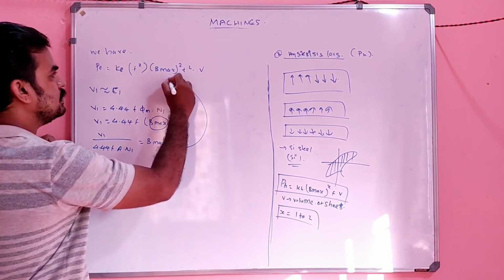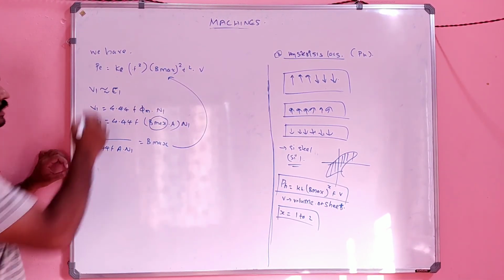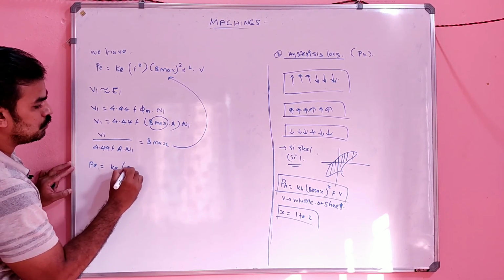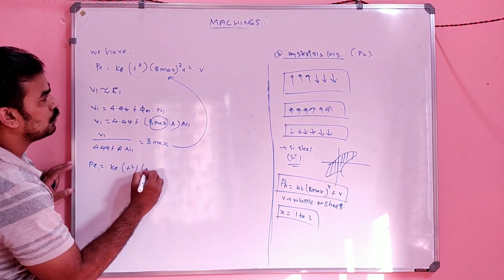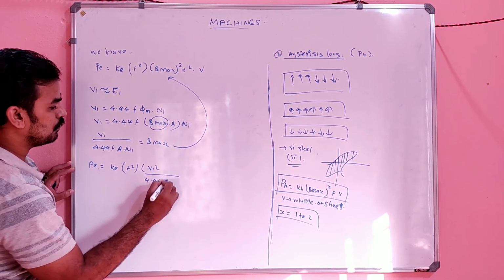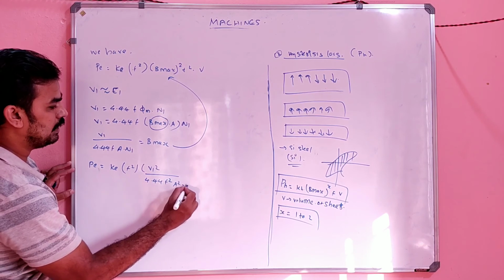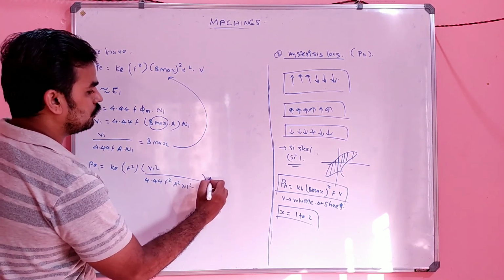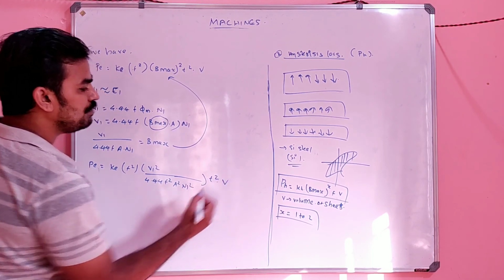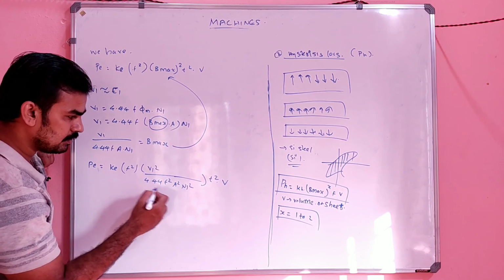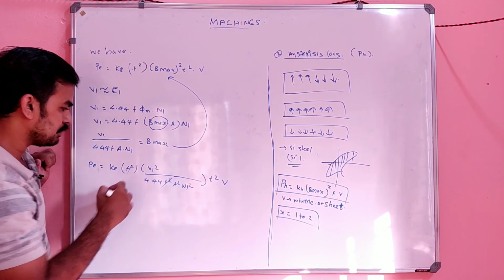Substitute this B max into the equation. So Pe will be equal to K into f square into V1 square divided by 4.44 squared f square A square N1 square, into t square into v, where v is the volume. The f square terms get cancelled.